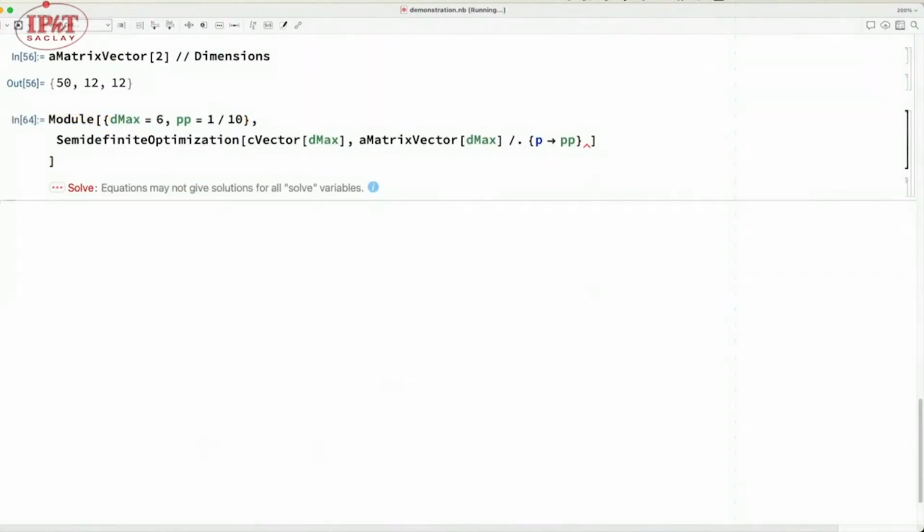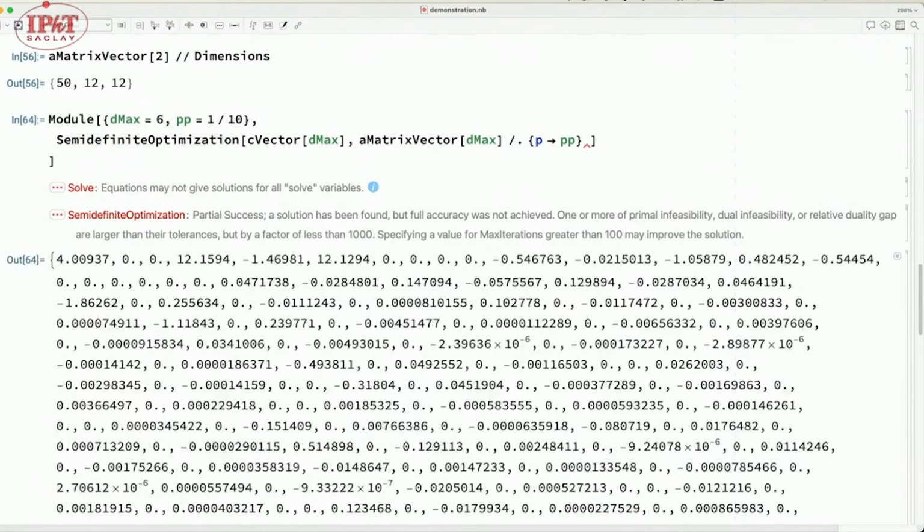Let's see if it improves from 5 to 6. Yeah, that's true. Maybe we should also decrease p a little bit. I'm sure it's possible to optimize this method much more. Okay, actually, it's already pretty close to 4.